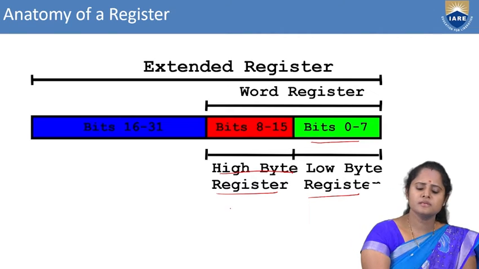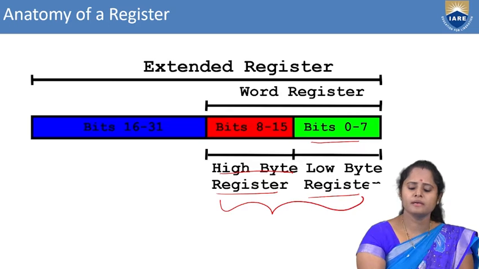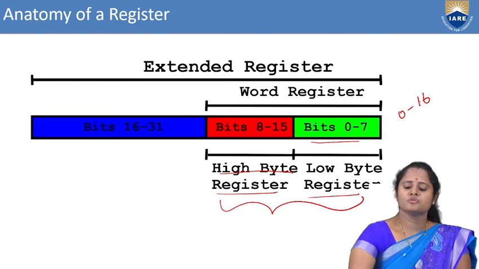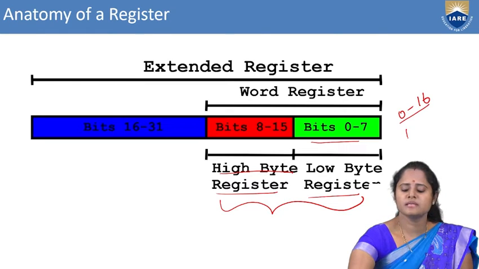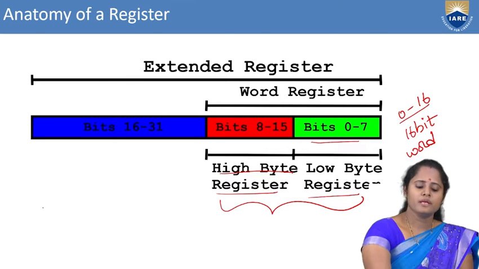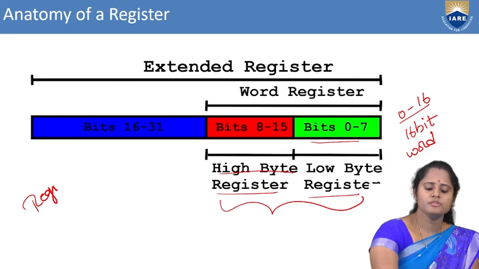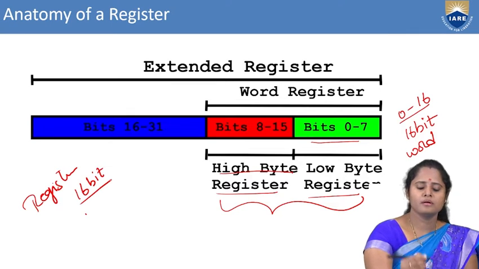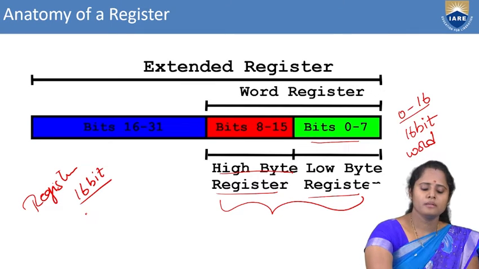Combining this lower byte and higher byte, the bits will be from 0 to 15, which means it's 16 bits, called a word. The registers which store 16 bits store the word.